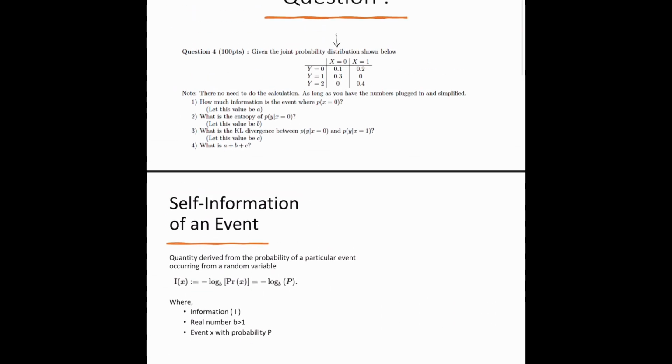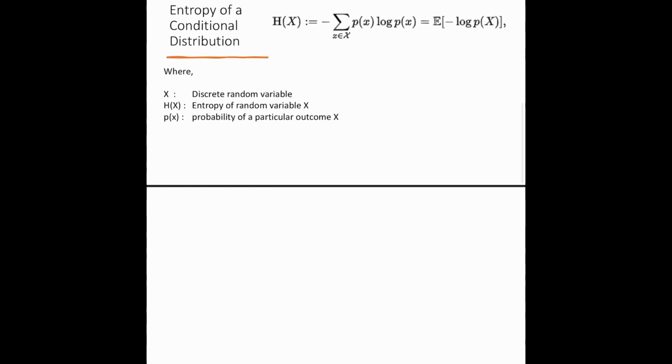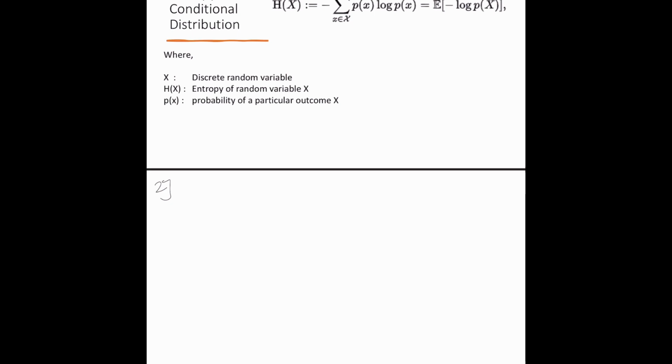Moving on to the next question, it says what is the entropy of p of y given x is equal to 0. The next question talks about finding the entropy of p of y given x is equal to 0. So the entropy for p of y given x is equal to 0 will be H of y given x is equal to 0.